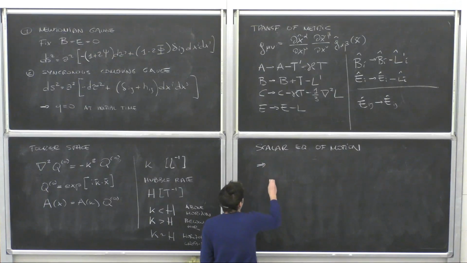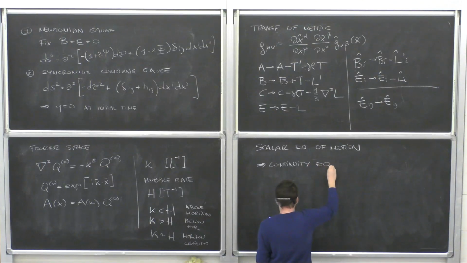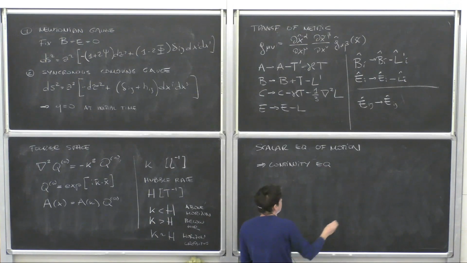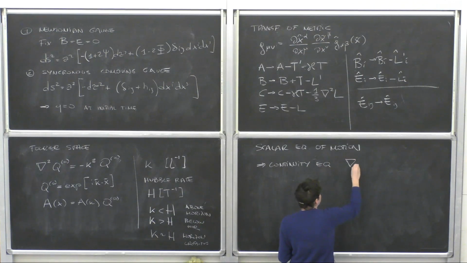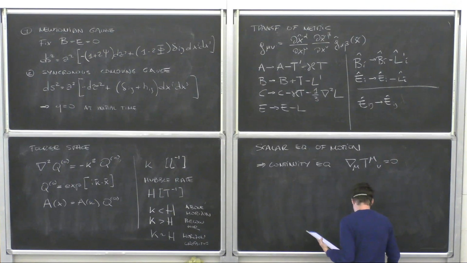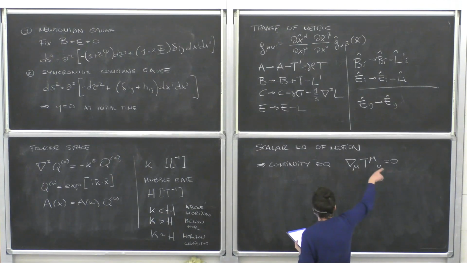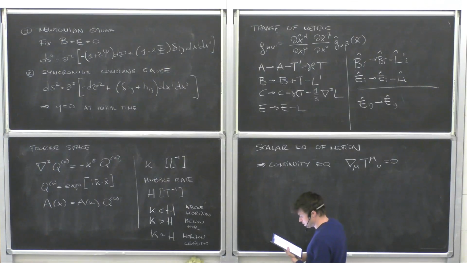So we'll start with the continuity equation. Right, so this is the covariant derivative ∇_μ T^μν equals 0. Expand everything. Remember here that you have two connections.